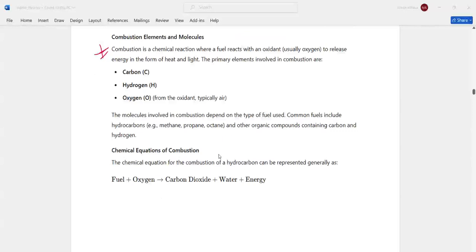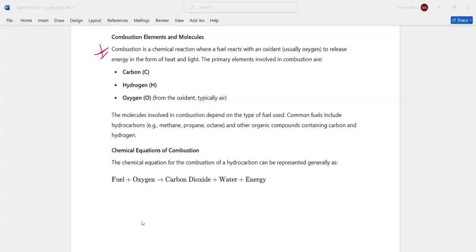So let us look at the chemical equations of combustion in simple terms. You have a fuel and oxygen, then you produce carbon dioxide plus water plus energy. As simple as that. The fuel would be composed of carbon, hydrogen, and maybe some oxygen, with the oxidant itself being air, and other substances in the fuel.